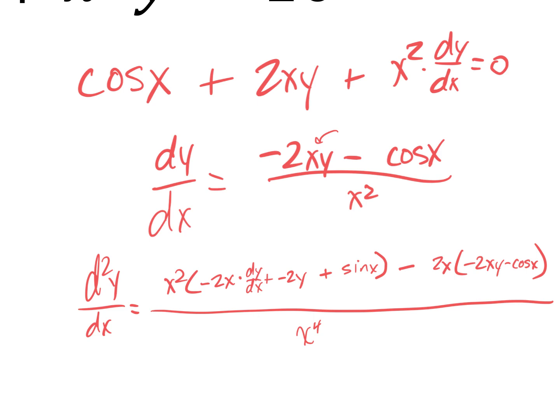So what do you guys want to do next? Should you distribute the 2x and x squared before you plug in dy dx or after?